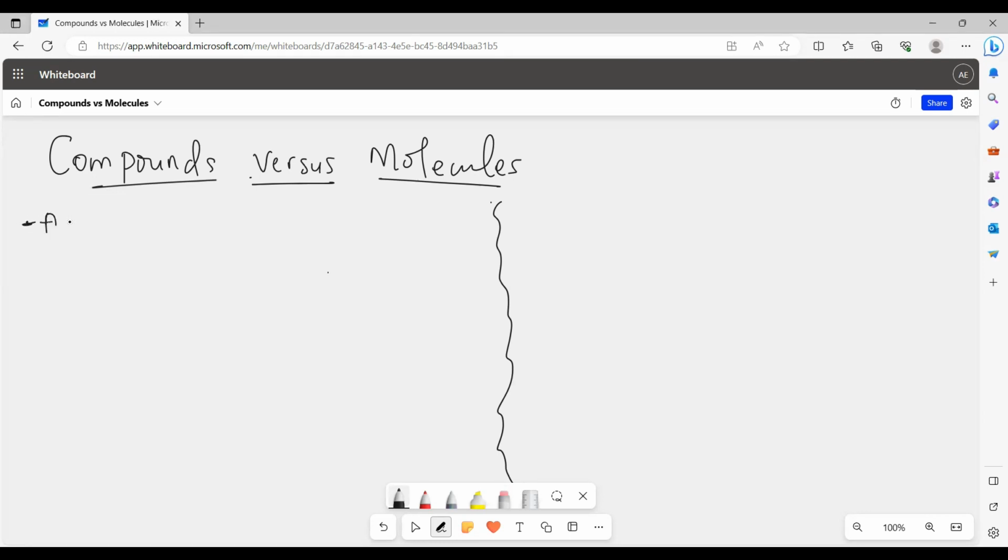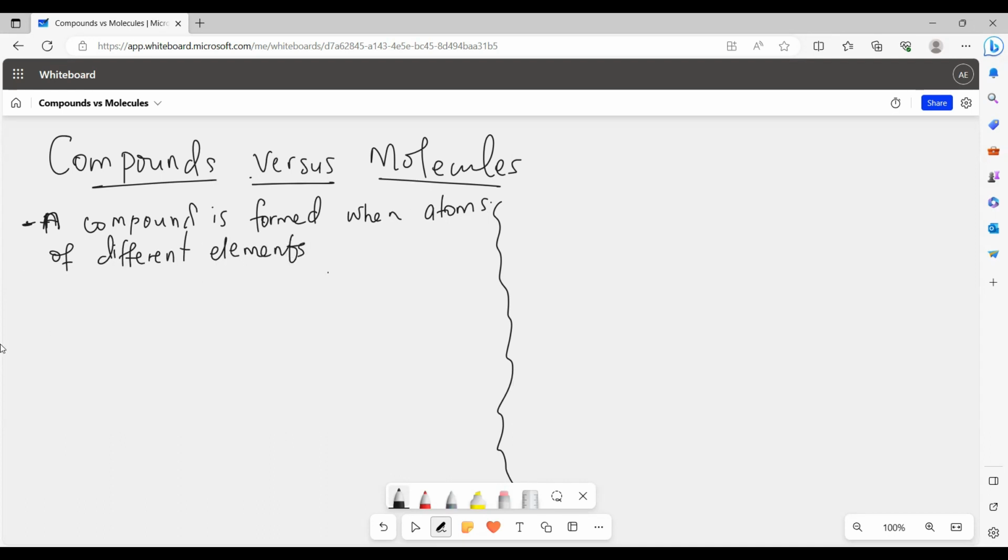So a compound, consider a compound is formed when atoms of different elements are bonded together.